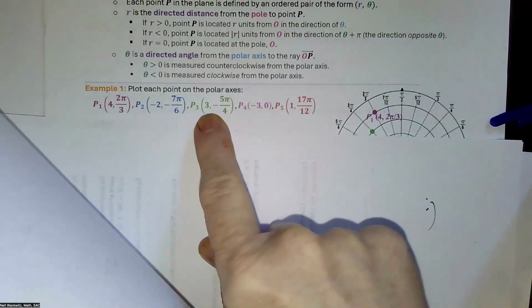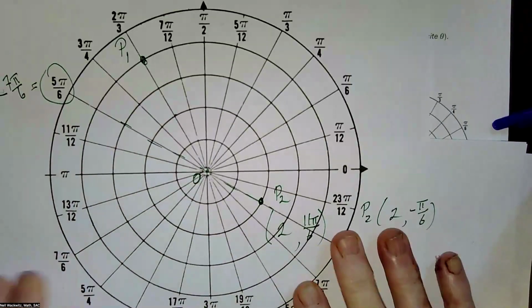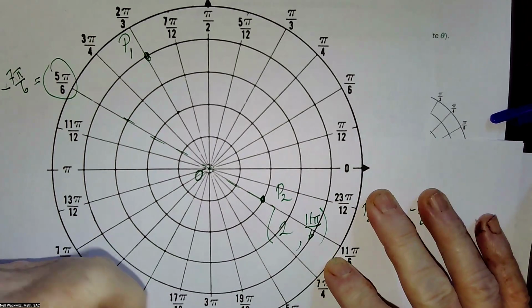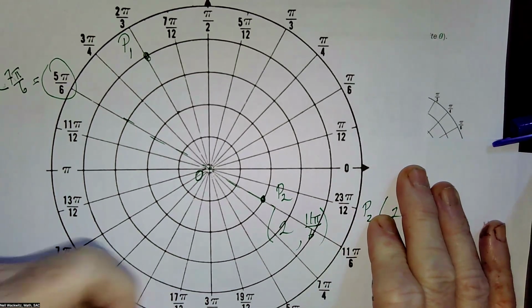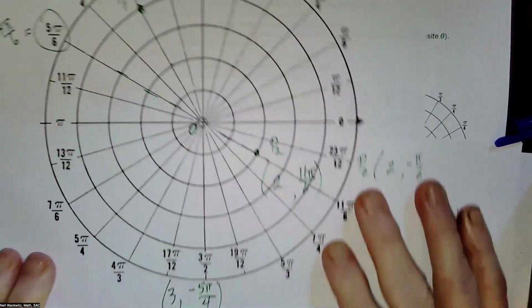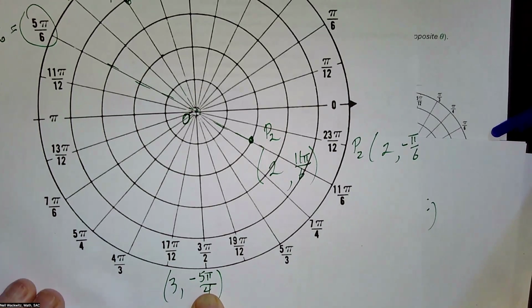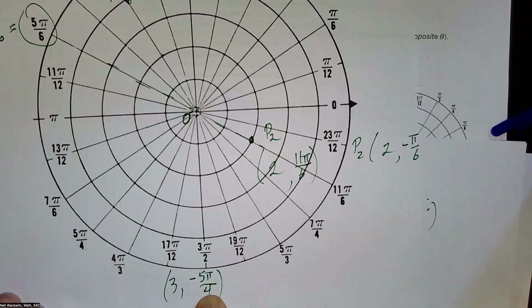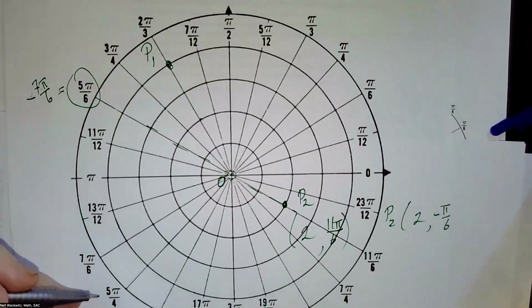All right, what about 3, -5 pi/4? Well, first we're going to remember that -5 pi/4. Oh, I should see where +5 pi/4 is. Let's see. Oh, here it is.